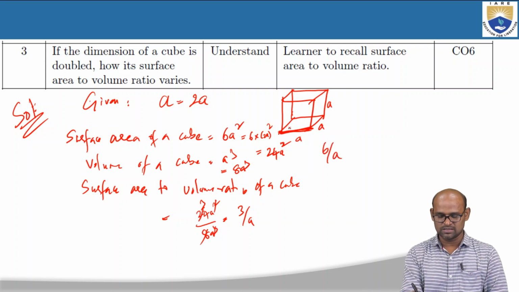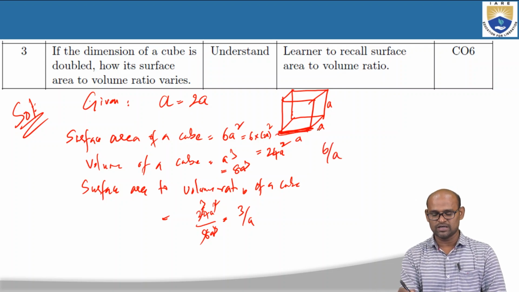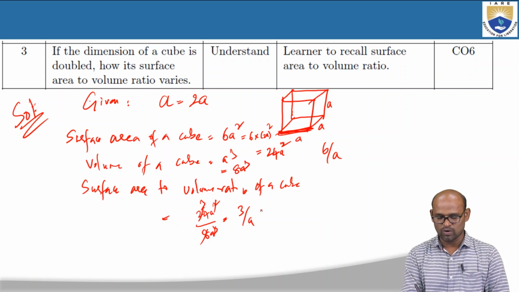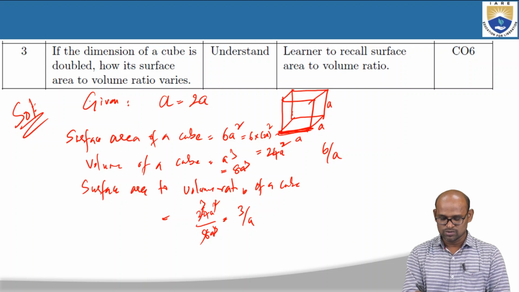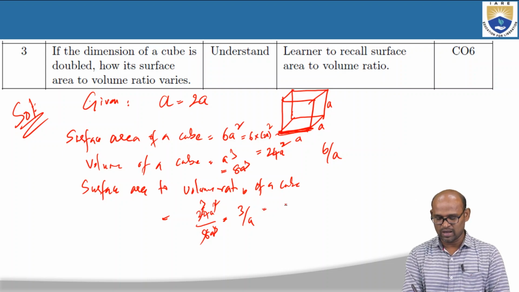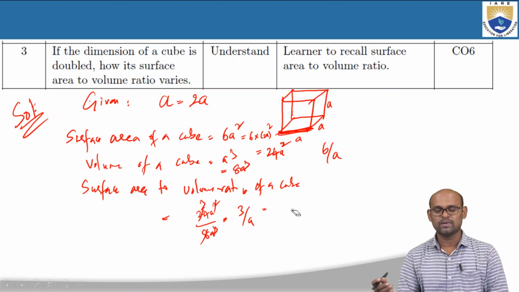Now, because the length of each side is doubled, the surface area to volume ratio is decreased by 2 times. So, instead of 6 by a, we have 2 into, actually, we should multiply and divide it by 2.